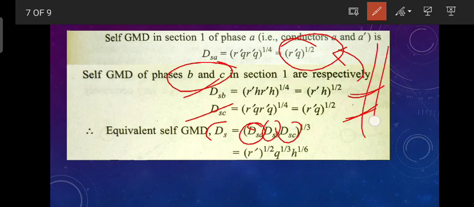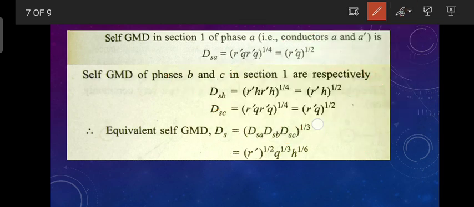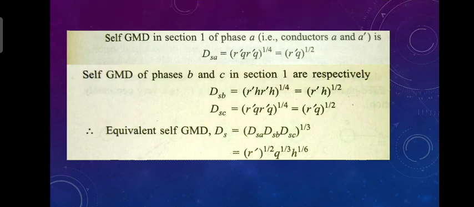From these 3 equations we will get r dash to the power 1 by 2, Q to the power 1 by 3, H to the power 1 by 6. Okay, please remember all these things and take the screenshot of this.